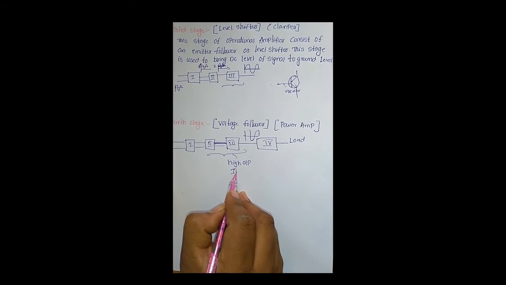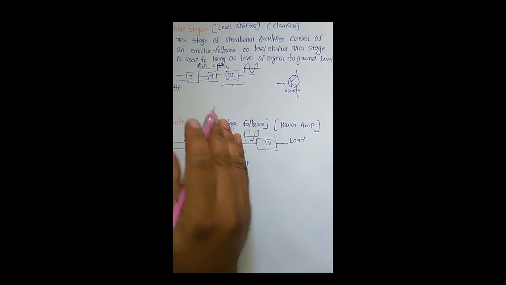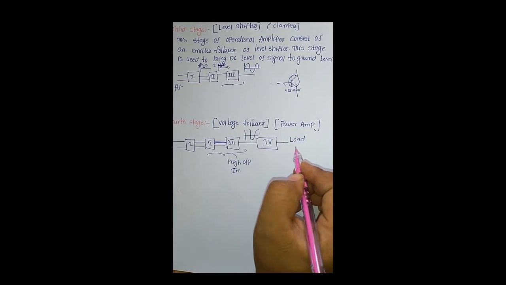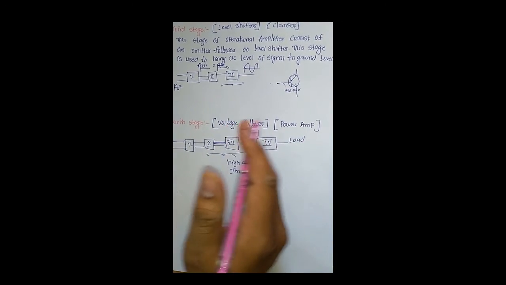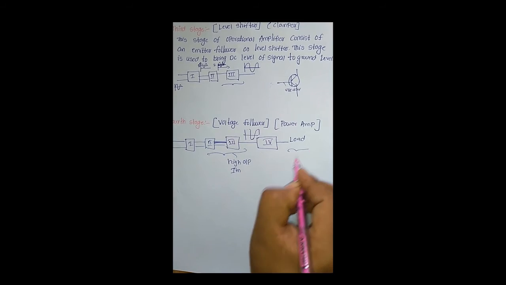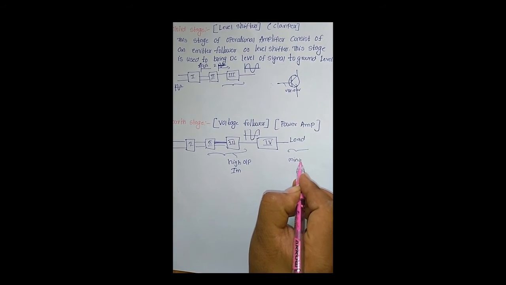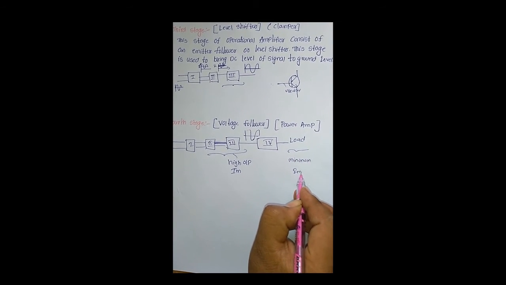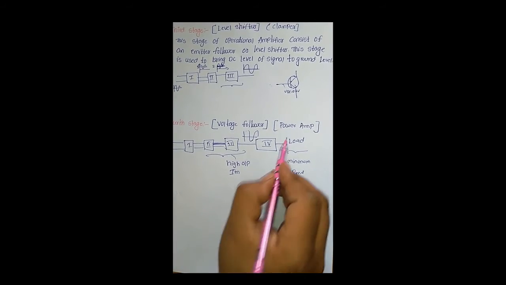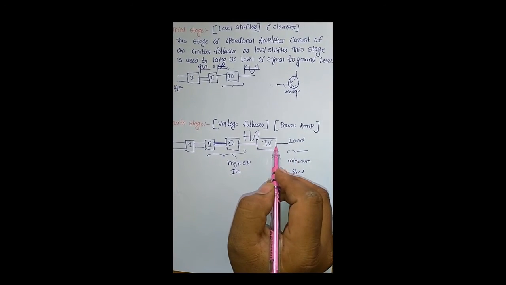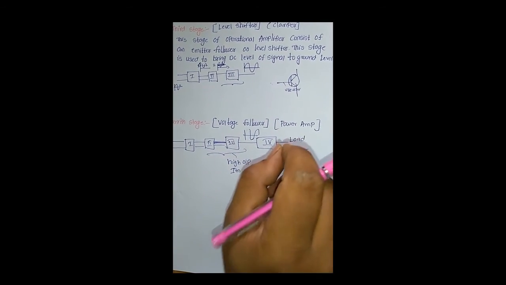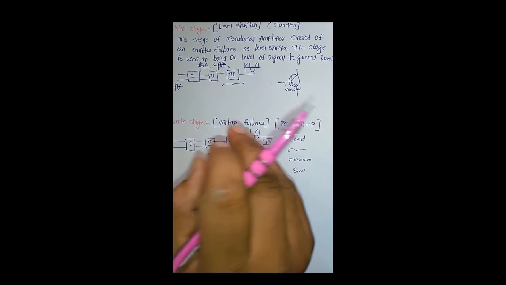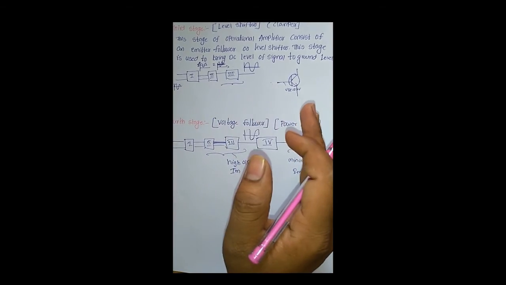So if this output is directly given to the load, this load does not transmit the signal properly because this load has a minimum impedance. So here we are using the power amplifier. But the power amplifier cannot amplify the signal. This power amplifier transfers the maximum power from the input side to the output side.